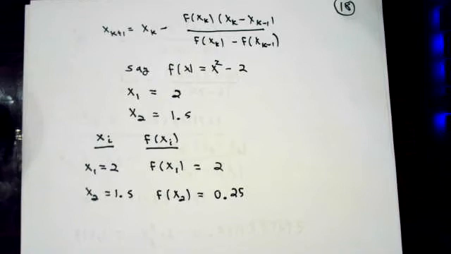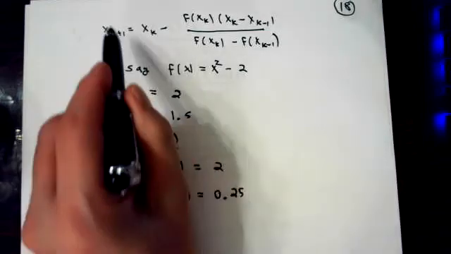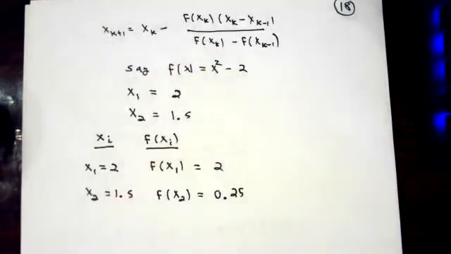In a moment, I'm going to make myself a table. The table is going to have my x numbers and the function values that go with them, because I'm going to need all of that information when I carry out the secant method.